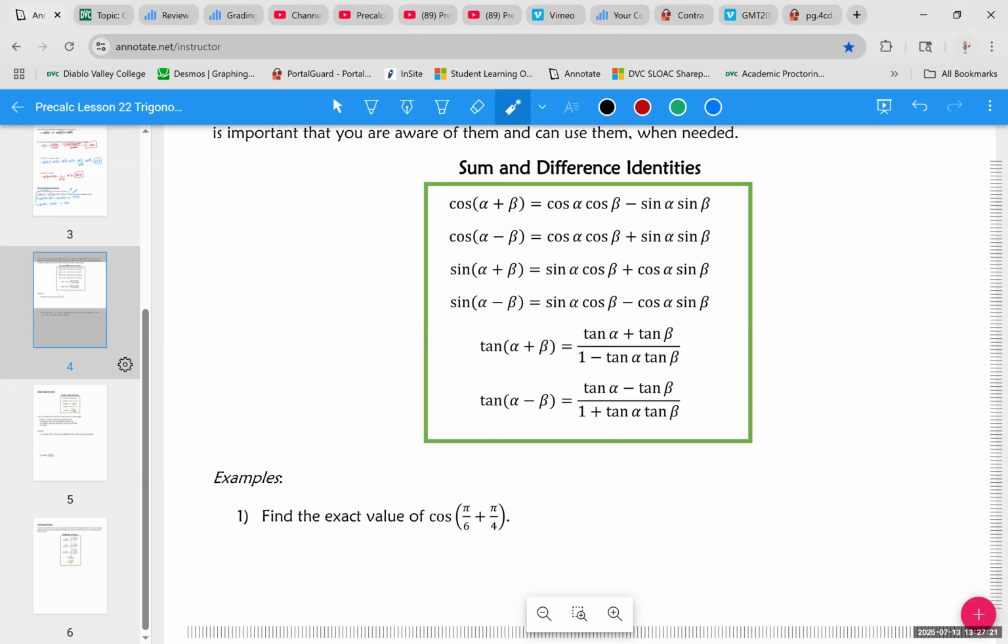So I have a cosine of A plus B, alpha, beta, just call it A plus B if you want. So I have to use this formula right here. I'm going to write that down.